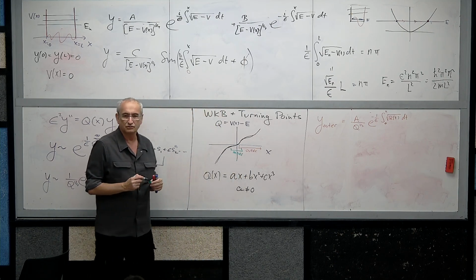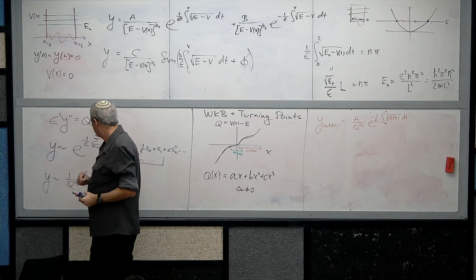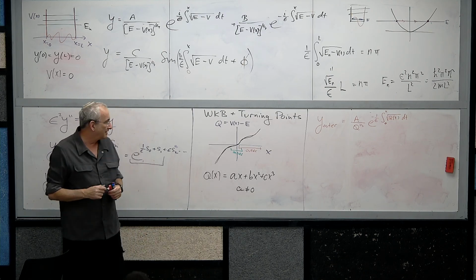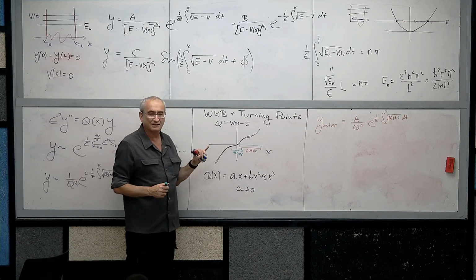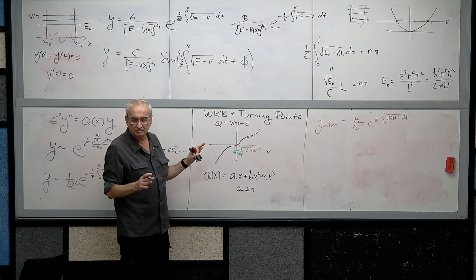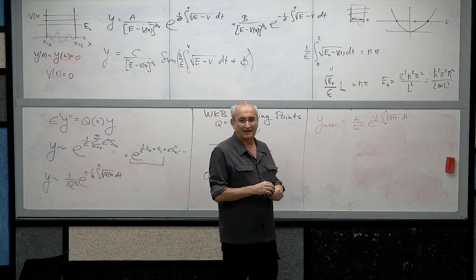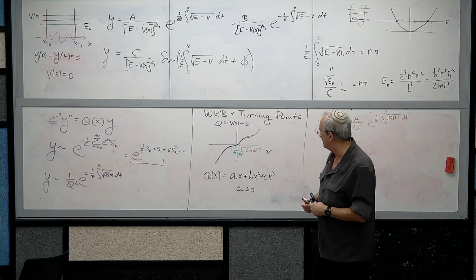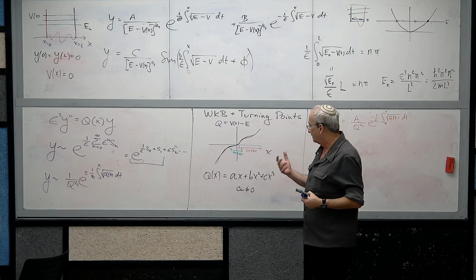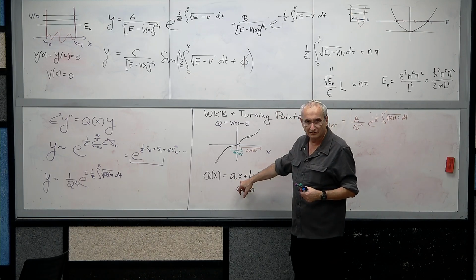What will be the inner solution? Now, the inner solution contains 0, so I cannot use WKB. However, in the inner solution, I can approximate Q of x by its leading order. The idea is that x is small. If x is small, I can approximate Q of x by its leading order.